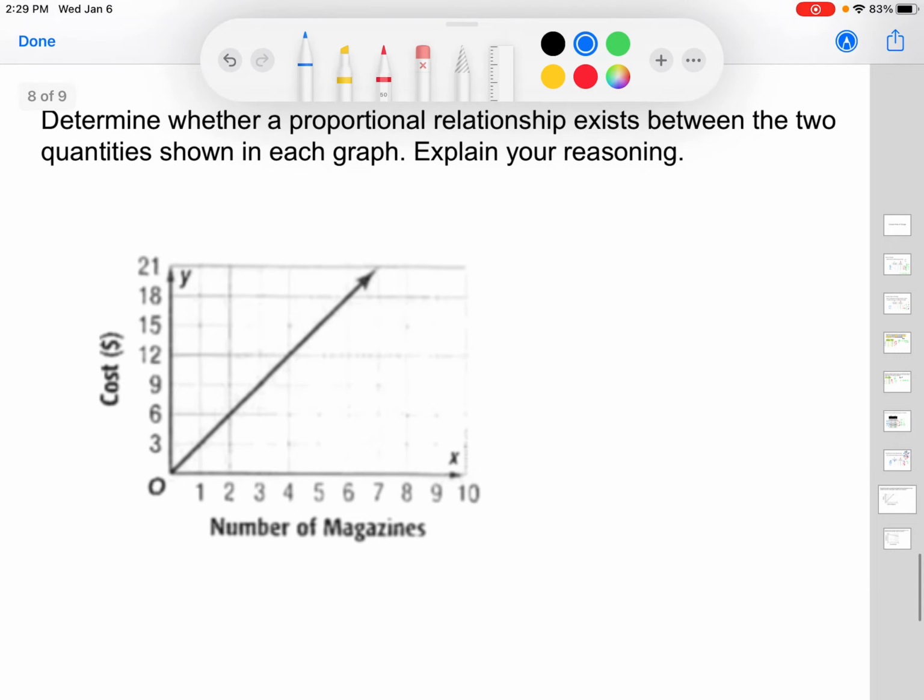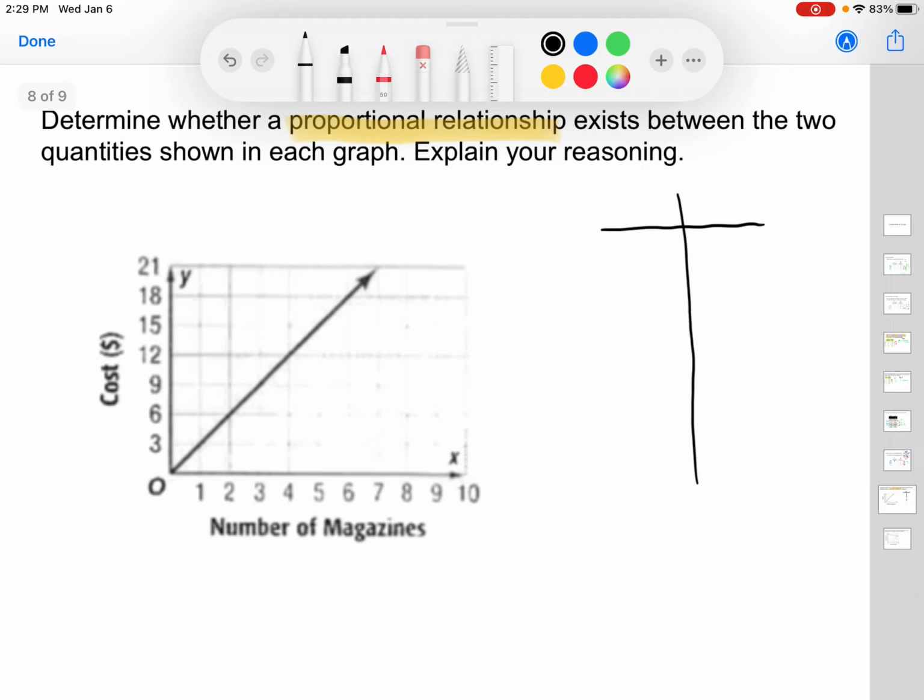So for this question, they say determine whether a proportional relationship exists between the two quantities shown in each graph. What I'm going to do for this is make a table so we can look at it in a table first, and then we're going to look at the graph. I'm not going to use the highlighter for that.